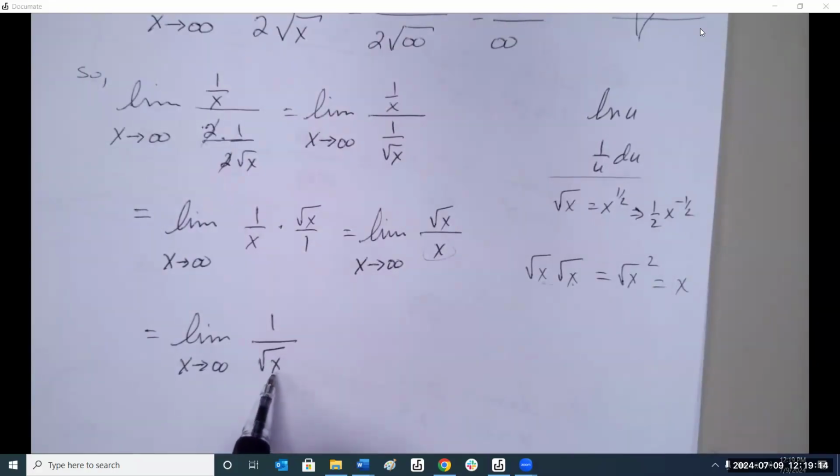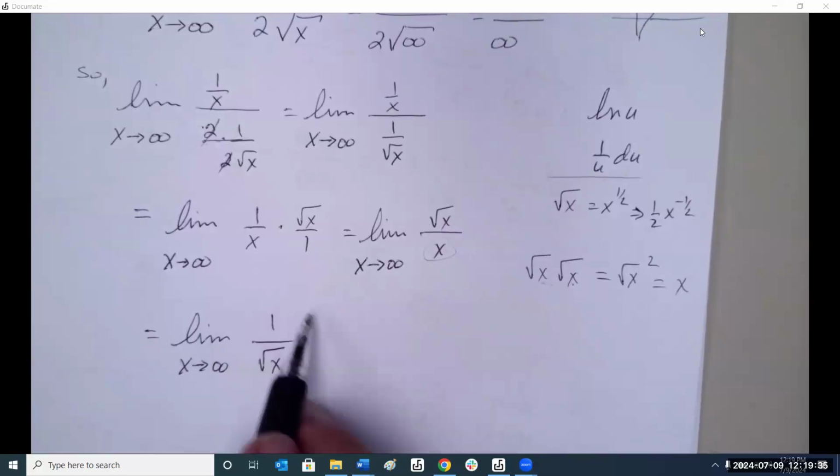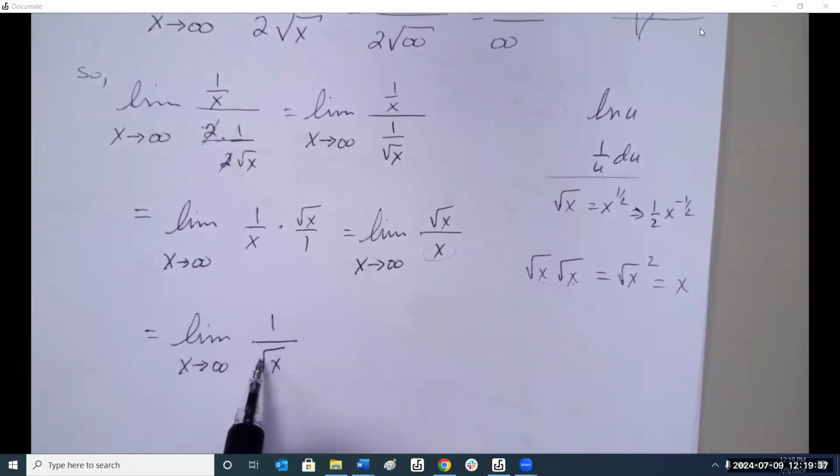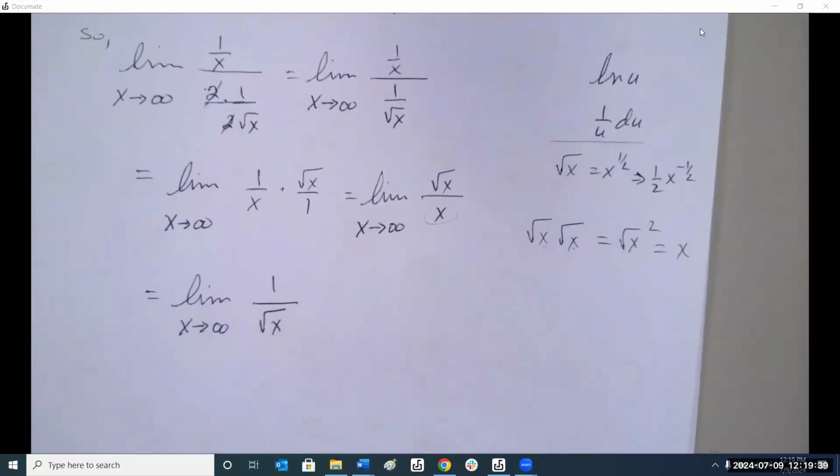As x goes to infinity, what do we get? What is the limit going to? As x goes to infinity, what is 1 over square root of x?